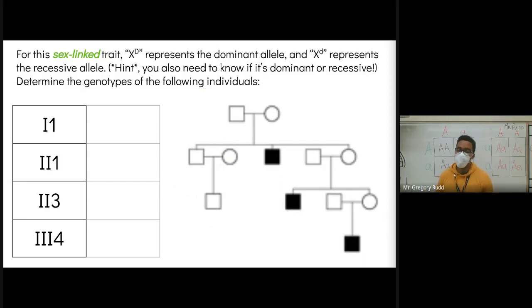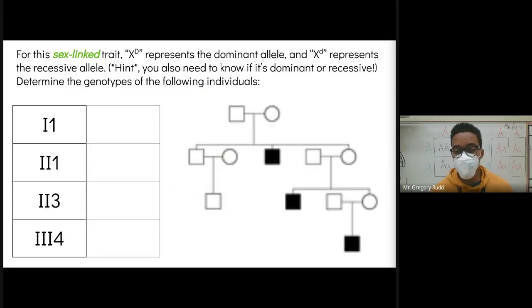Okay, so individual I1, what is that person's genotype? Remember, we're using X's and Y's now, so that kind of complicates things. First of all, is person I1 affected or not? No, they are not affected.